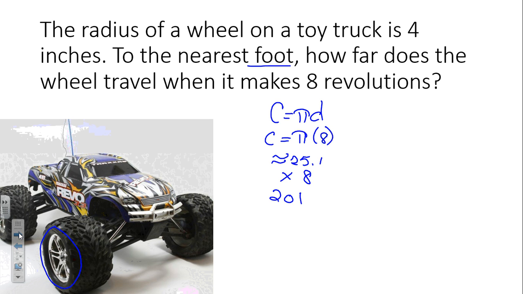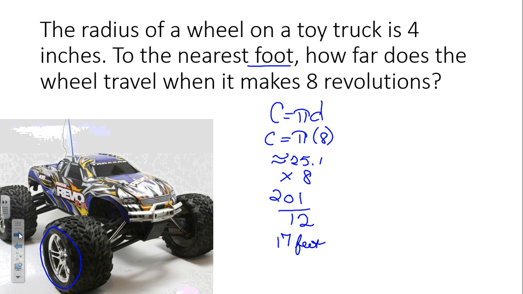So we divide by 12. About 17 feet. Kind of crazy, huh? 17 feet when it has gone 8 rotations with a 4-inch tire. Make sense? It seems too far, doesn't it?